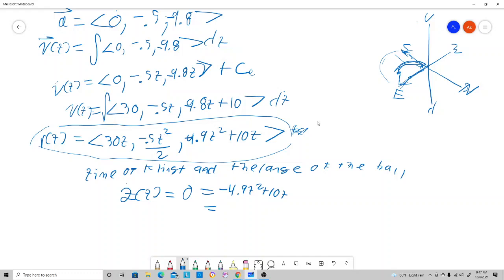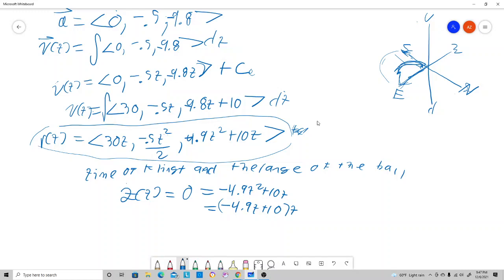So you see we can factor out a t, so we get t times negative 4.9 t plus 10. t is 0, which makes sense because that's one of our initial positions.